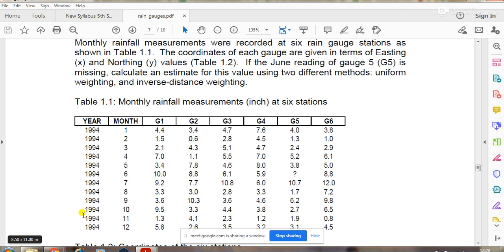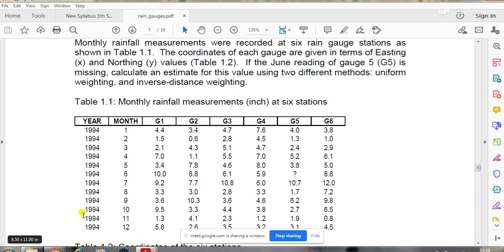So, monthly rainfall measurements at six stations. The values are given in inches. In our Indian context, the values will be given in centimeters or millimeters, but for this problem they are given in inches. And the recordings of the six stations are given for all 12 months.